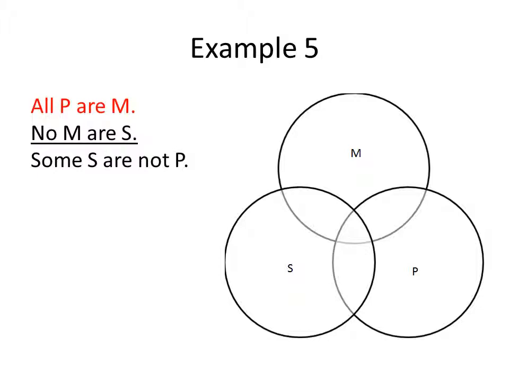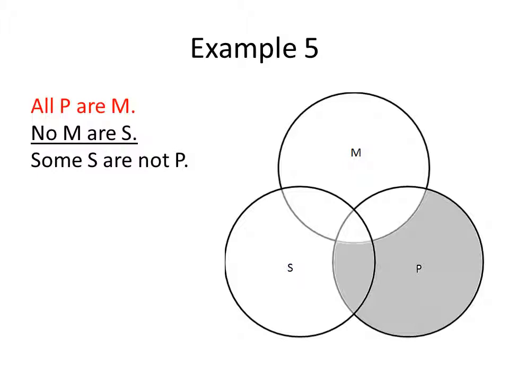We want to shade in such a way as to show that there are no P's that are anything but M. That is, there's nothing that's merely a P, or merely a P and an S. Anything that's a P has to also be an M. So we'll shade here: these are the parts of the P circle that don't overlap M.